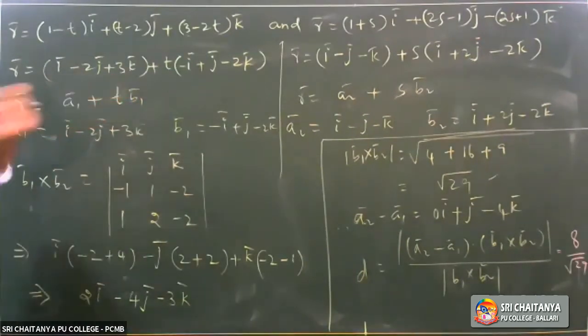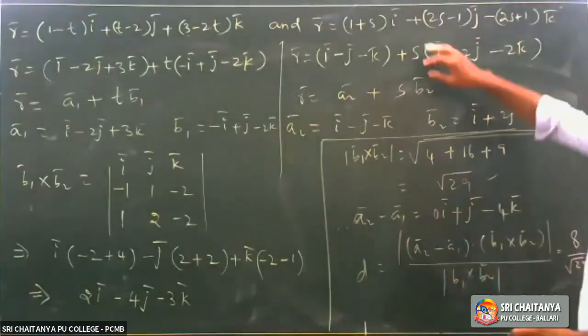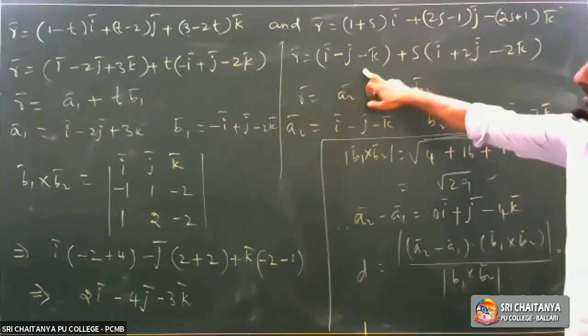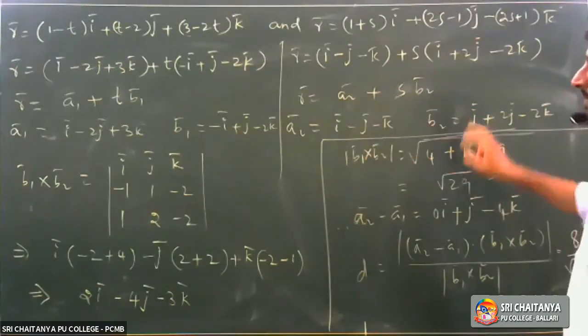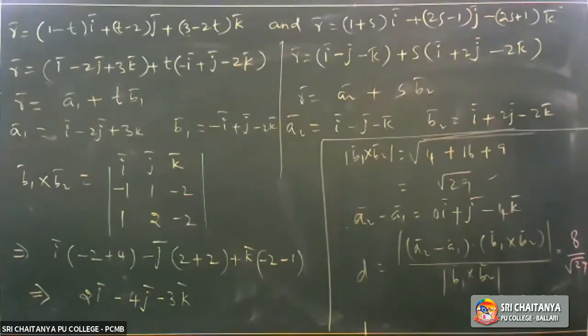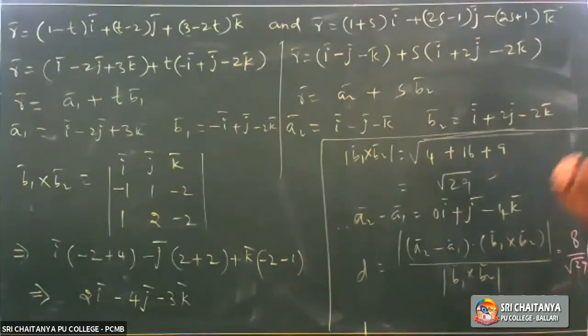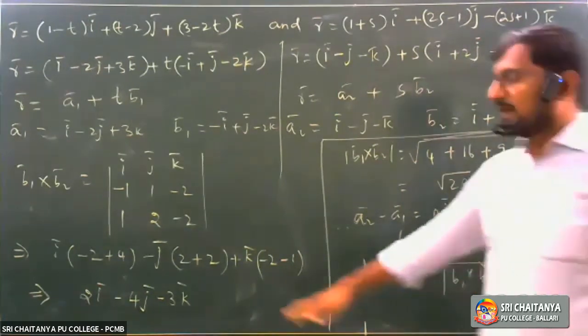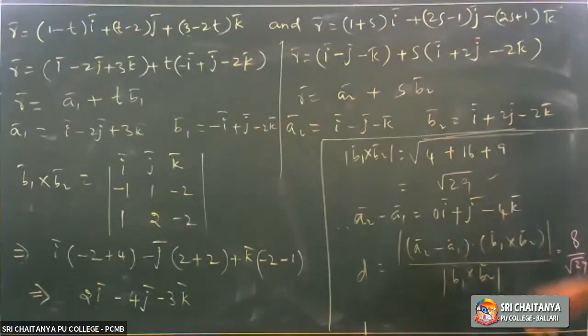Write down A1 and B1 here. Similarly, you convert the second in the standard form, A2 plus s into B2. Then B1 cross B2 is equal to the determinant, and you expand the determinant. After that, find the magnitude of that one. You are going to get root 29, and copy this one. And we are writing it in the formula.